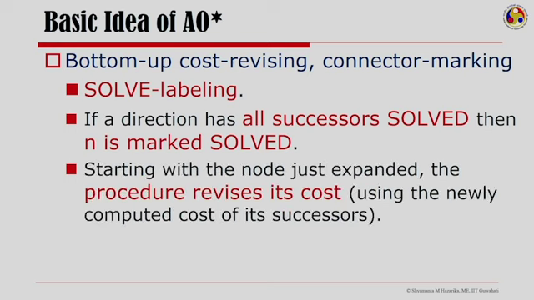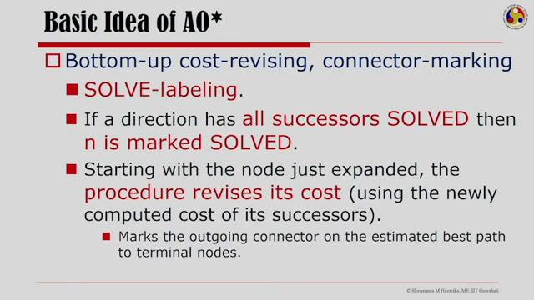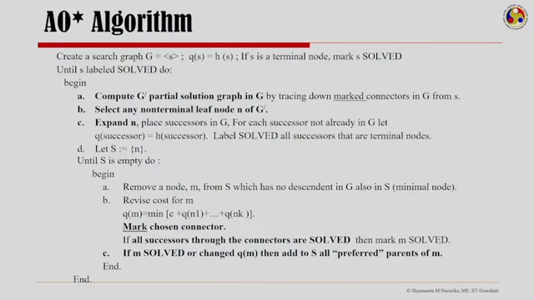Starting with the node that we have just now expanded, the procedure revises its cost using the newly computed cost of its successors and marks the outgoing connectors on the estimated best path to terminal nodes. And this is propagated upward in the graph. Now, having looked at these two ideas, I am in a position to formally put down the AO star algorithm.